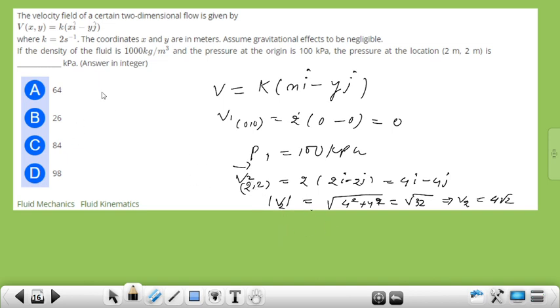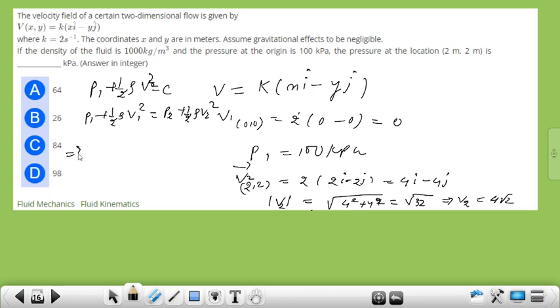So from the Bernoulli equation, as gravitational effects are negligible, we can write p1 plus half rho v square is equal to constant. So applying Bernoulli equation between points 1 and 2, we get p1 plus half rho v1 square is equal to p2 plus half rho v2 square.